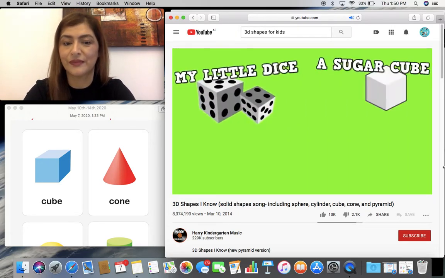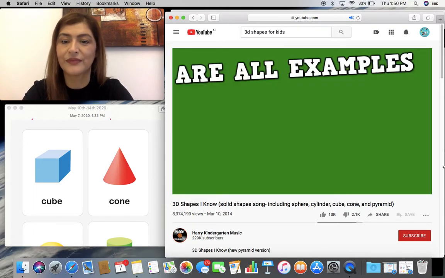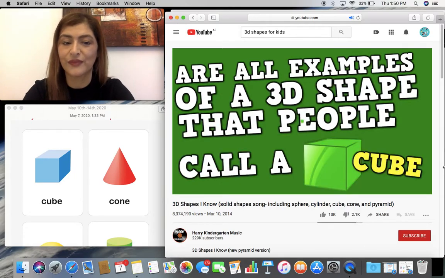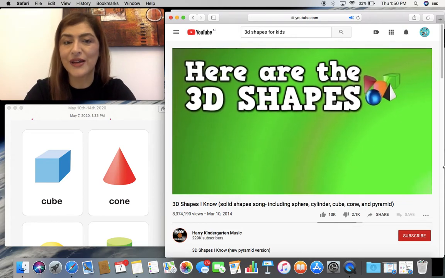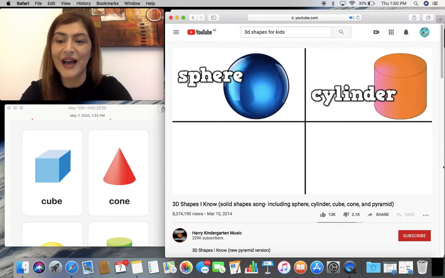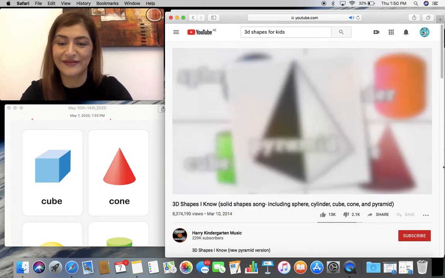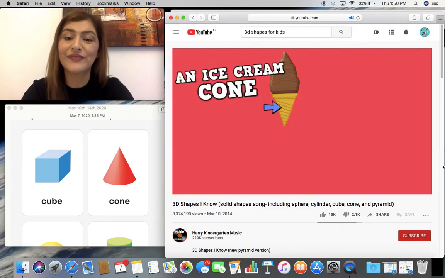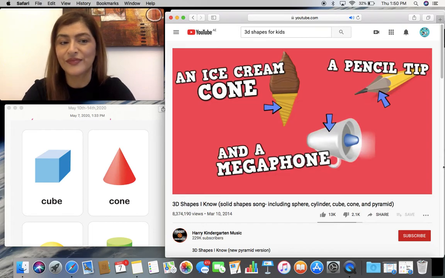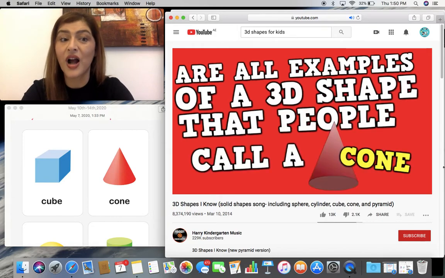My little dice, a sugar cube, and blocks that I use are all examples of a 3D shape that people call a cube. Now the last one. An ice cream cone, a pencil tip, and a megaphone are all examples of a 3D shape that people call a cone.